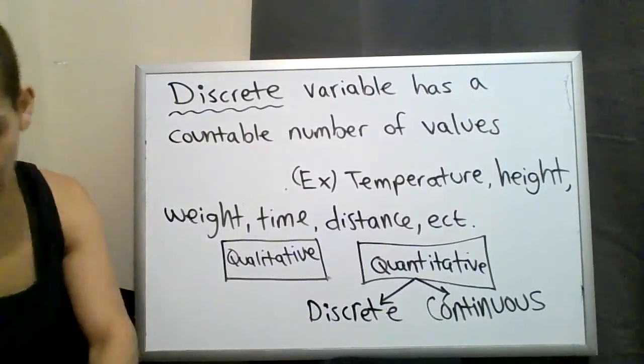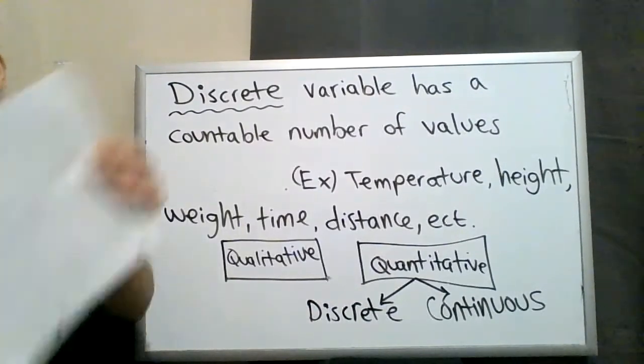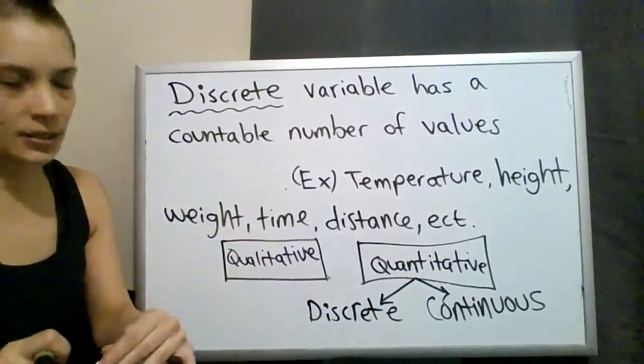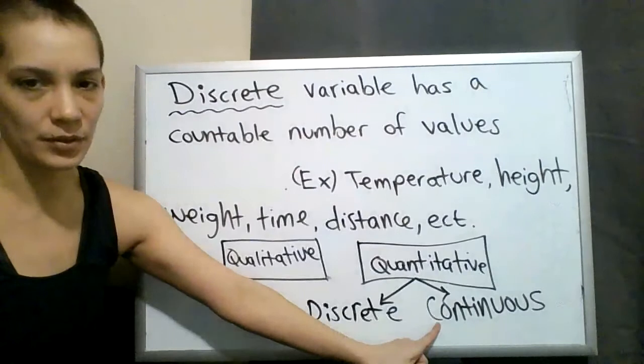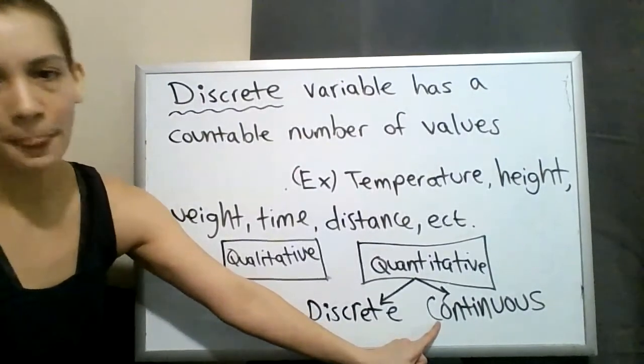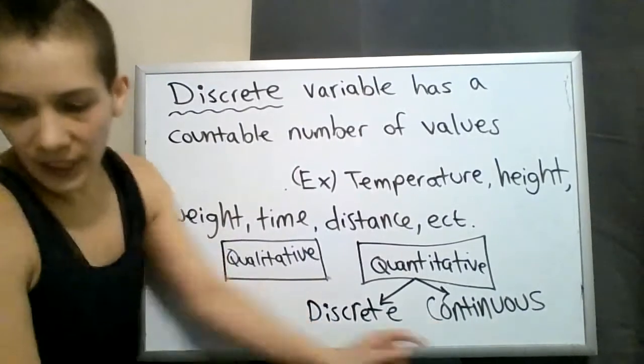I think I just have a few examples for discrete variables. And once we get into talking about continuous variables, we'll keep on with that topic and get into interval notation. Okay, first example.